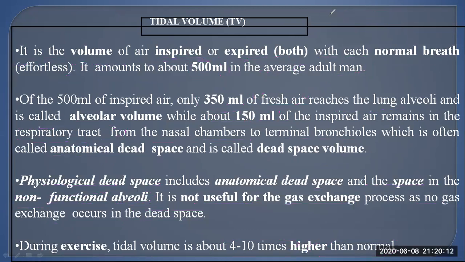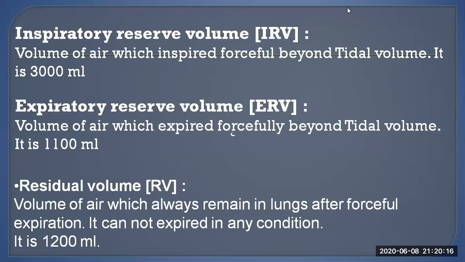Now we will see the next, that is the inspiratory reserve volume. Inspiratory reserve volume is the volume of air which is inspired forcefully beyond the tidal volume. We saw that tidal volume is effortless; after that, forceful inspiration, beyond the tidal volume, and the value is 3000 ml.